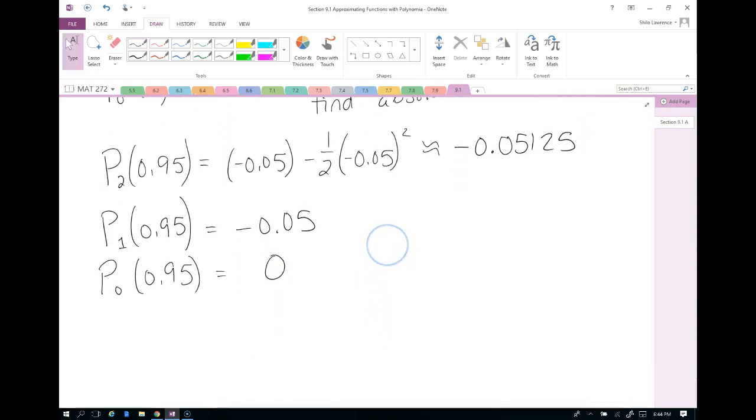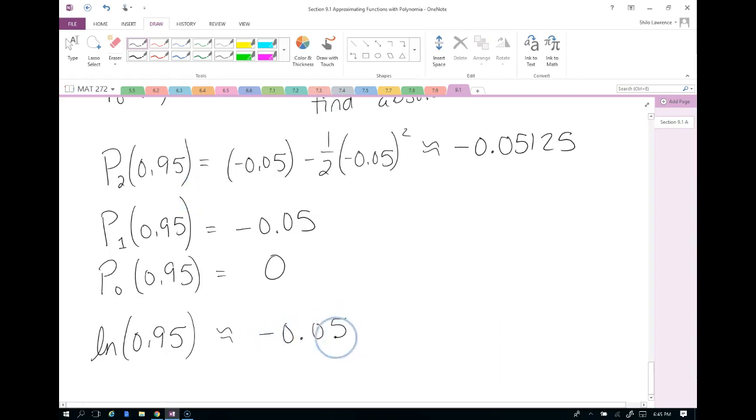So we've got 3 different approximations for the natural log of 0.95. Let's see what the calculator says this value actually is. According to the calculator, the natural log of 0.95 is negative 0.0512932944.